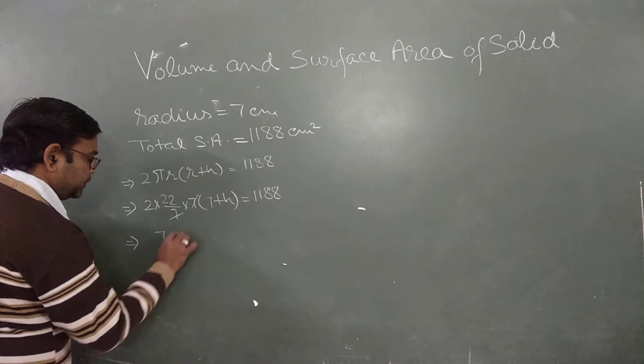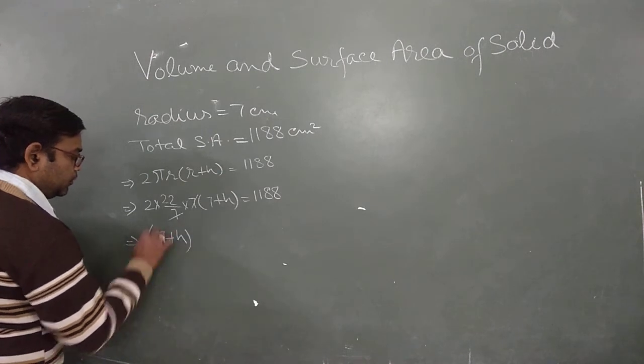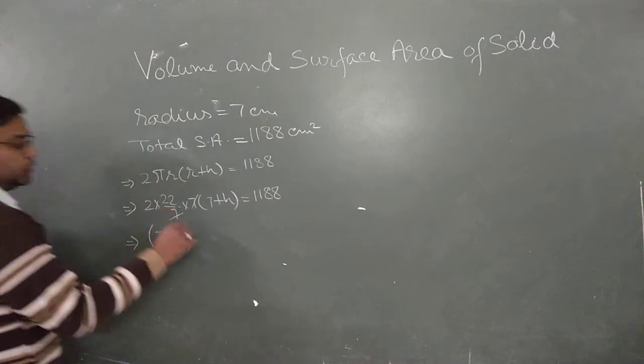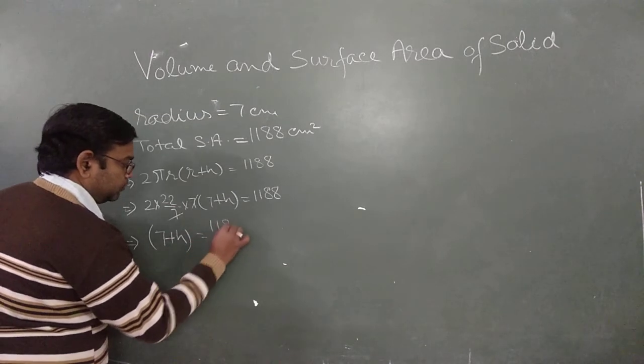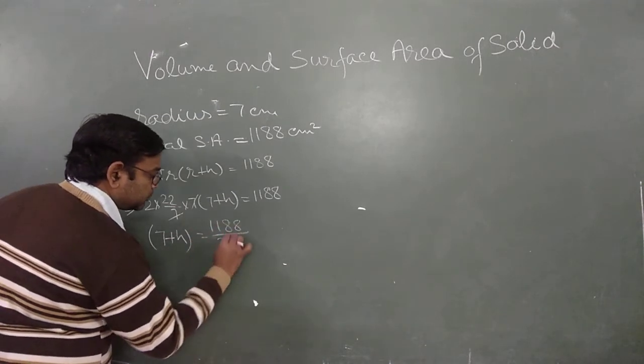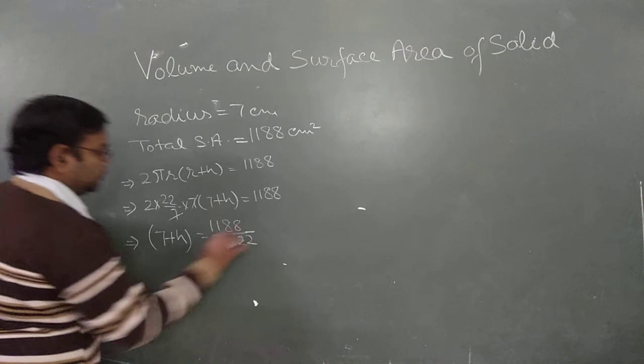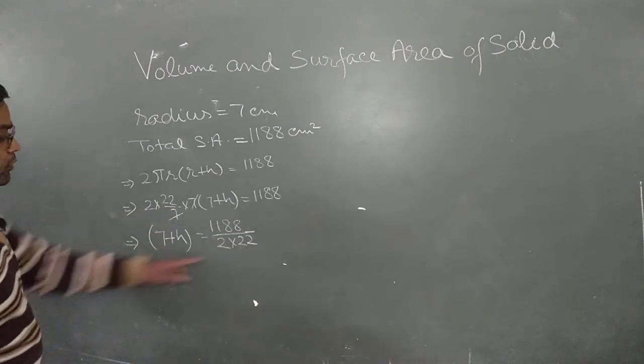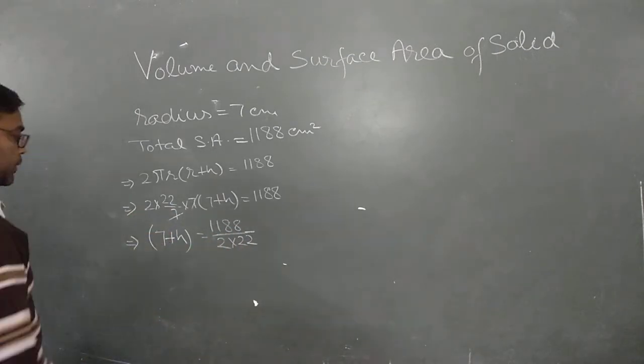It's 7 plus h. We can easily transpose this 2 pi to this side. This side they are in multiply form, so it becomes divided form.